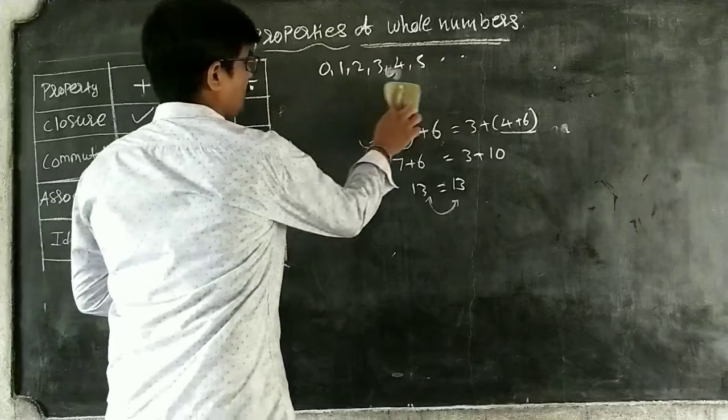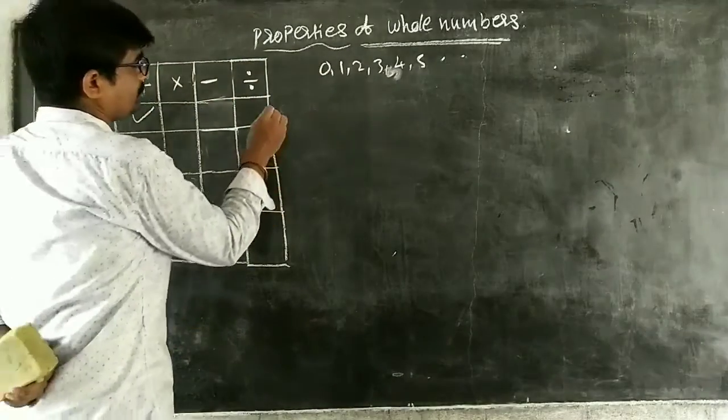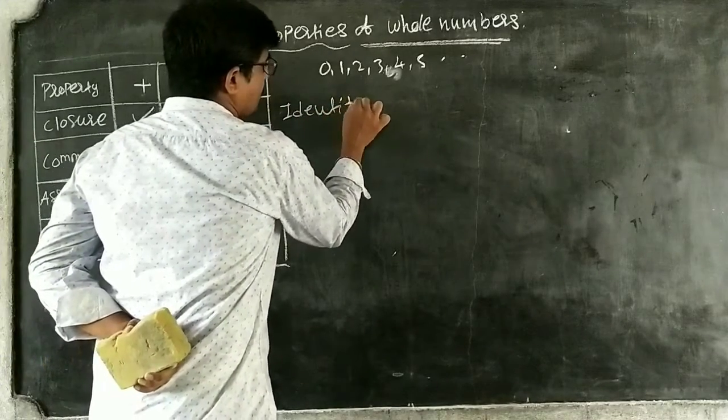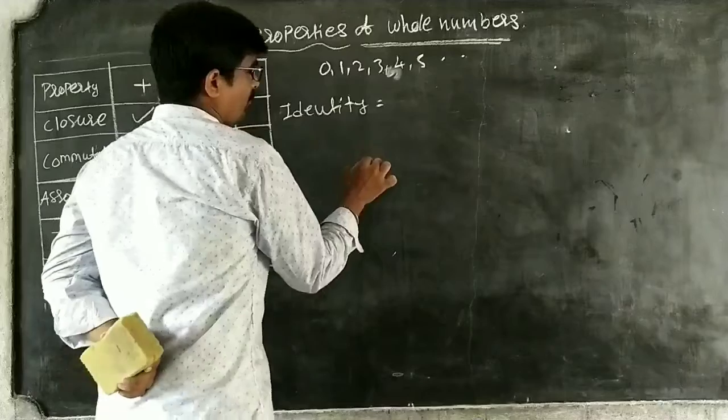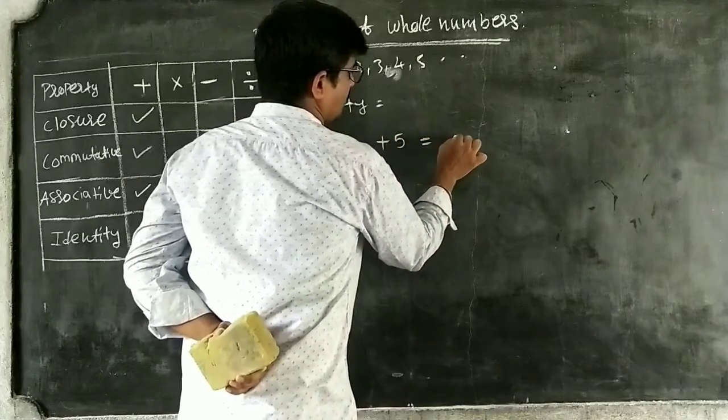Next, after associative, we have identity. What does identity mean?